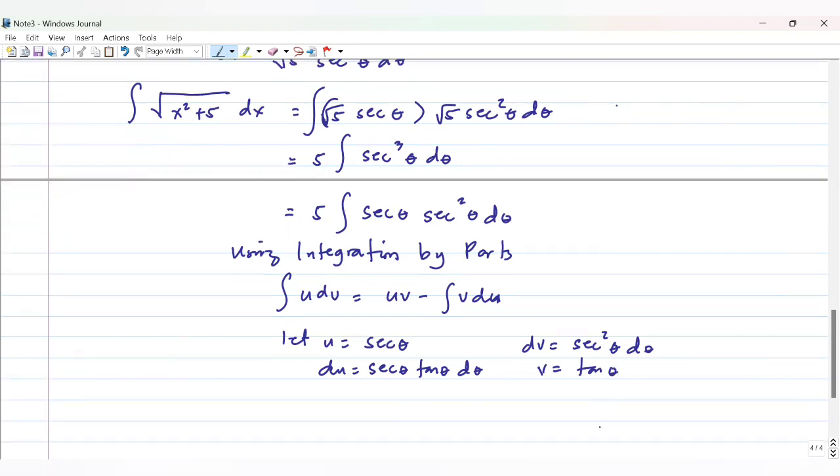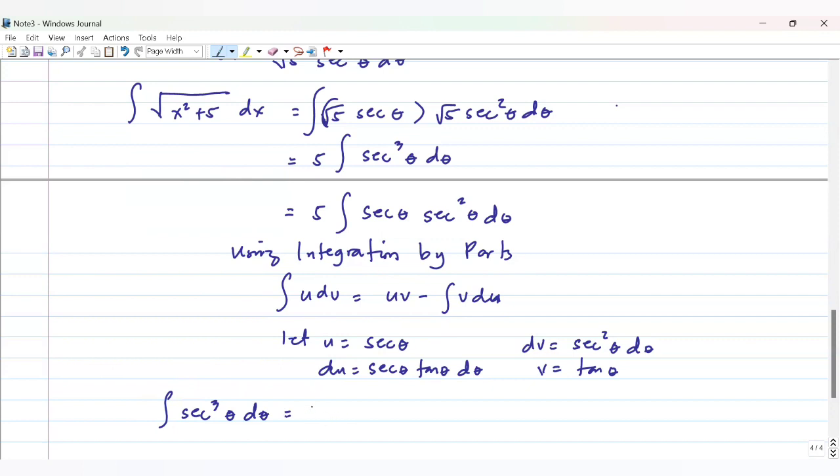Okay, so what's next? Therefore, your integral of, we have 5 in here, secant cubed of theta d theta, and that is equal to what? uv minus integral of v du.